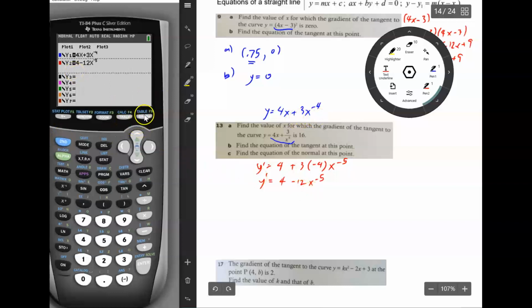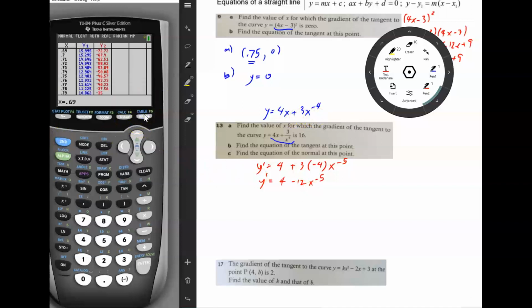We're going to go to the table, not to the graph. And then I can change my step size back to 1 for now. Sorry. Second table set. Change the table start to 0. Second table.